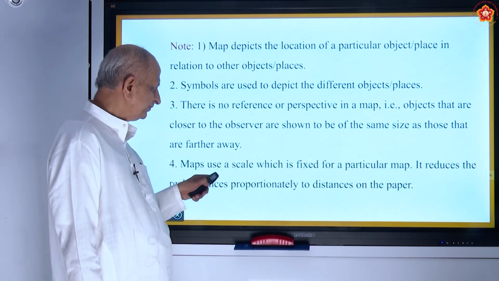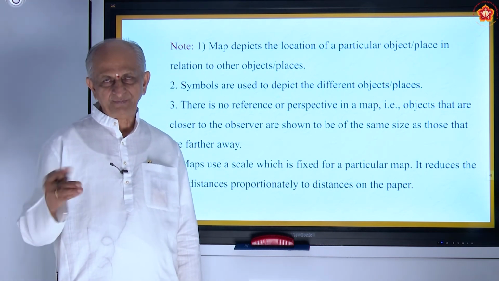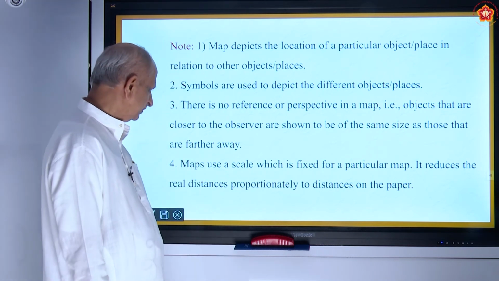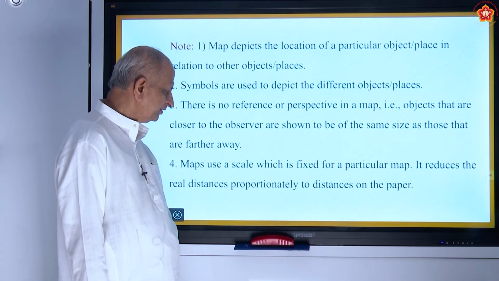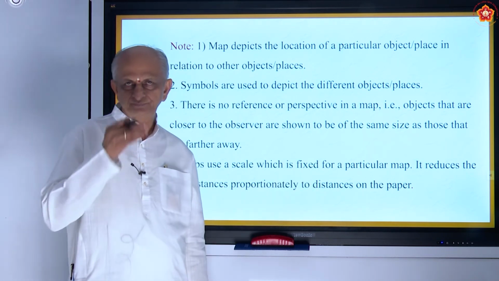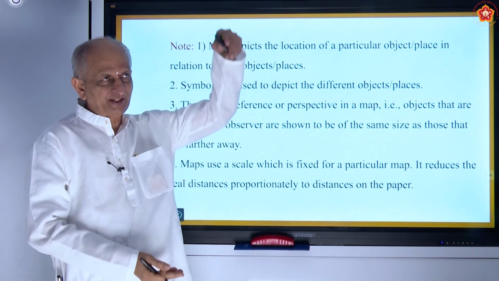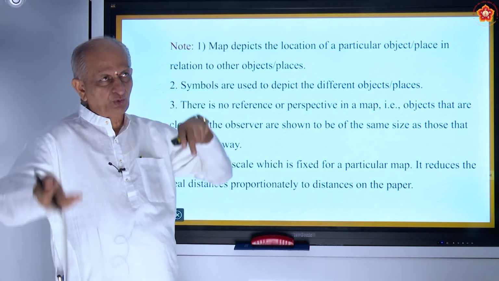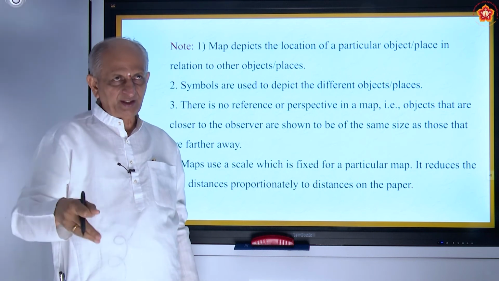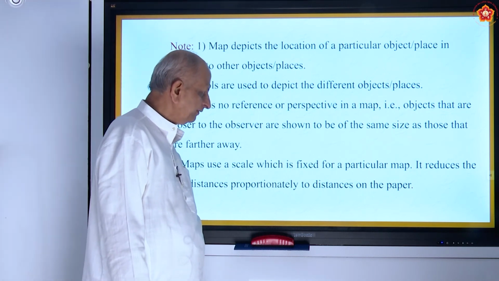Maps use a scale which is fixed for a particular map. So it may vary from one map to another. It reduces the real distances proportionately to distances on the paper. So depending on the size of the paper, the whole country or the state or whatever it is, is shown in a small way.